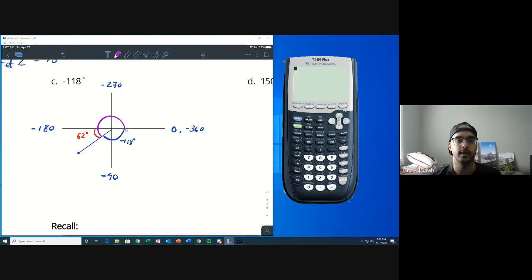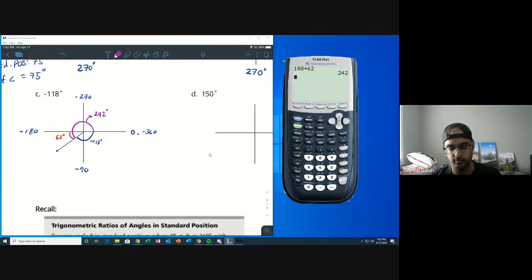Okay, so x-axis all the way around to terminal arm, that's what we need to find. So halfway around that Cartesian plane is going to give us 180 degrees. If we add in the 62 degrees that we need to make it to that terminal arm, that will give us our standard position angle. So we'll take 180, add 62 degrees to it, 242 degrees would be our angle in standard position, because it's got to be positive. Okay, so that would take us all the way around.